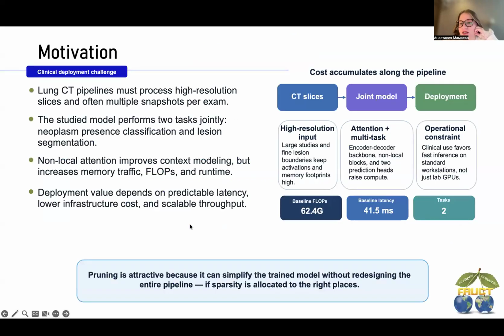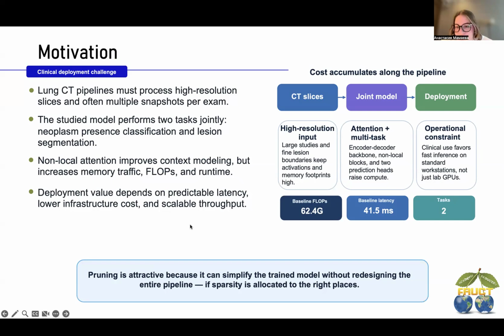Deep learning models in medical imaging are becoming more accurate, but also more computationally expensive. This is especially important in lung CT analysis, where models often process high-resolution images and may need to provide more than one prediction, such as classification and segmentation, at the same time.